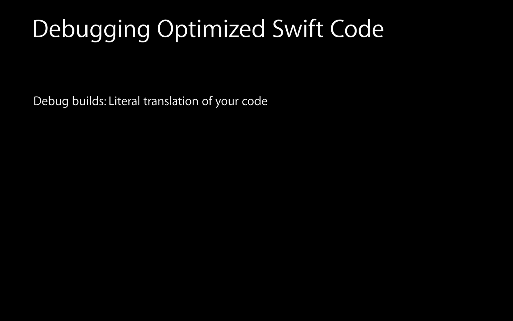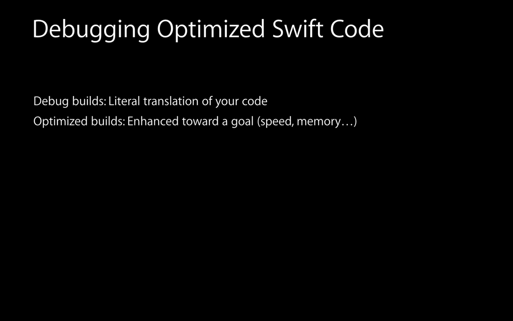The fact that it's such a literal translation is actually a good thing for debuggability, and that's why they're called debug builds. If my code is translated literally, as I'm debugging through it, it's really easy for me to see the correspondence between evolution in machine code execution and evolution in source code execution. It's really easy for the debugger to maintain that correspondence between what you wrote and what is actually going on on the bare metal, on the hardware.